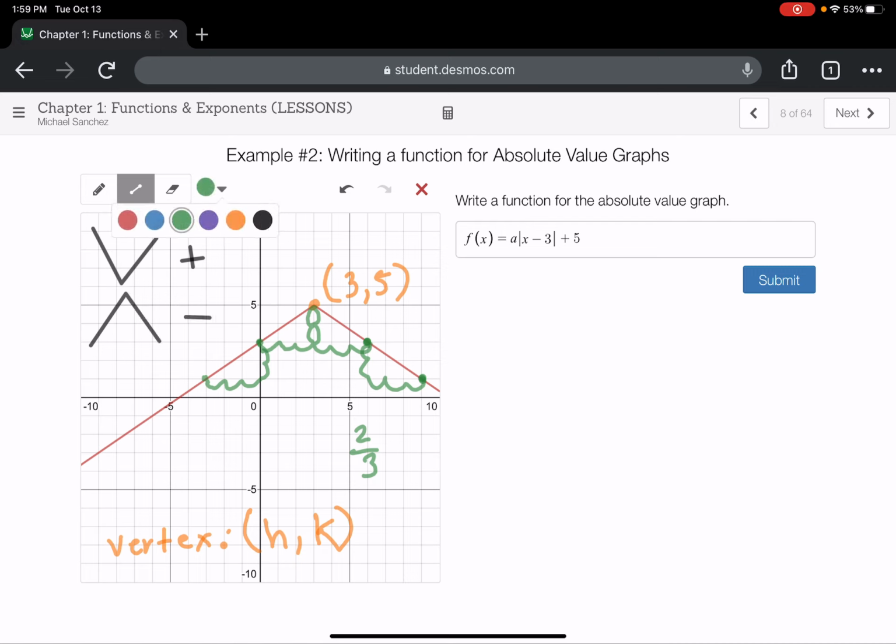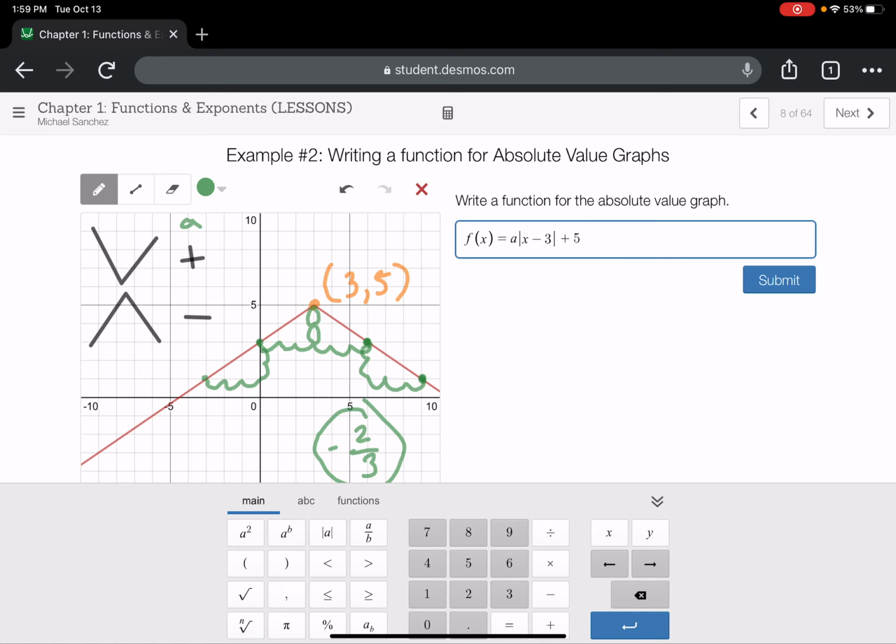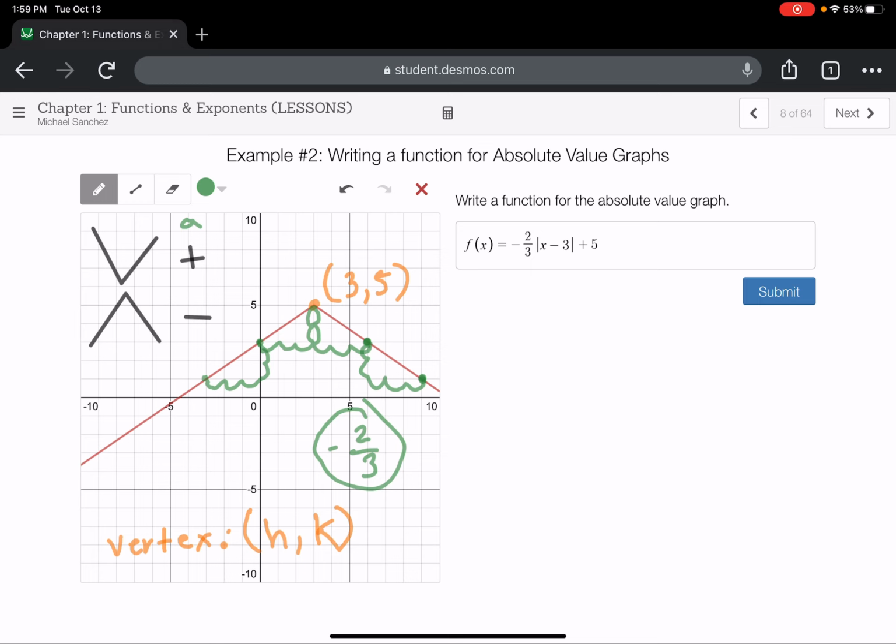So our a value is negative 2 over 3. So I'm going to replace my a with negative 2 over 3. And this is the function for the graph of the absolute value in red.